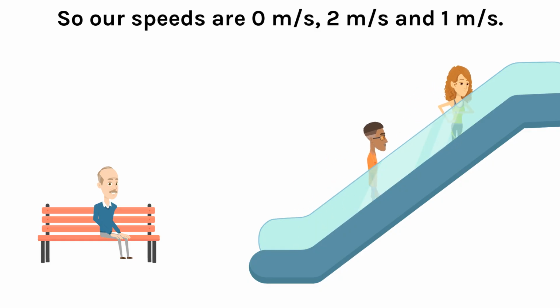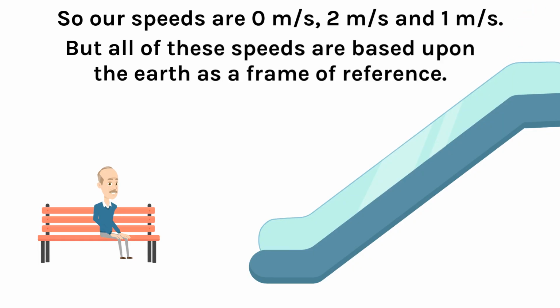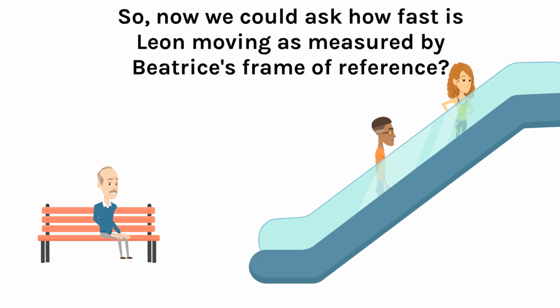So our speeds are 0 meters per second, 2 meters per second, and 1 meter per second. But all of these speeds are based upon the Earth as a frame of reference. So now we could ask, how fast is Leon moving as measured by Beatrice's frame of reference?